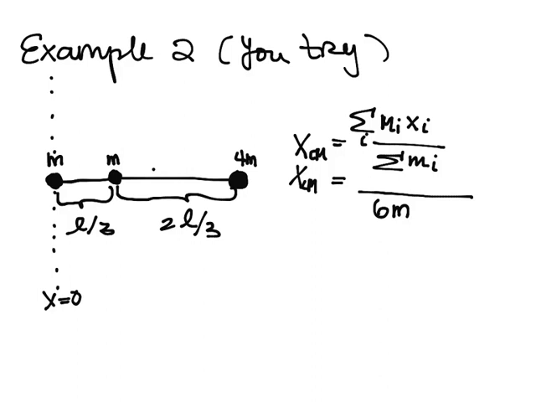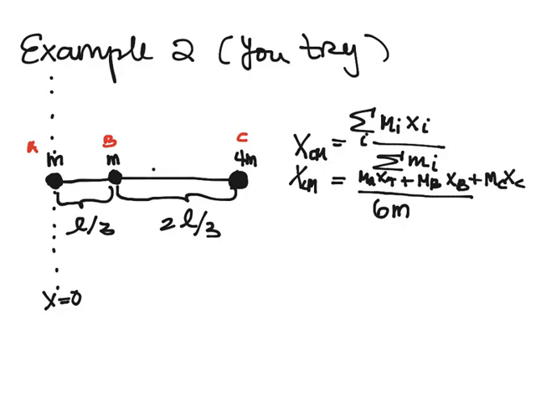And then I'm going to name my masses A, B, and C. So I'm just going to write that out first. MA XA plus MB XB plus MC XC.